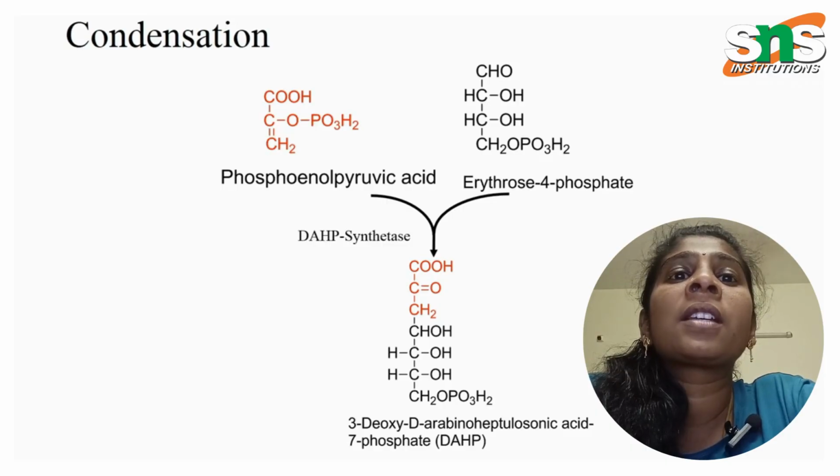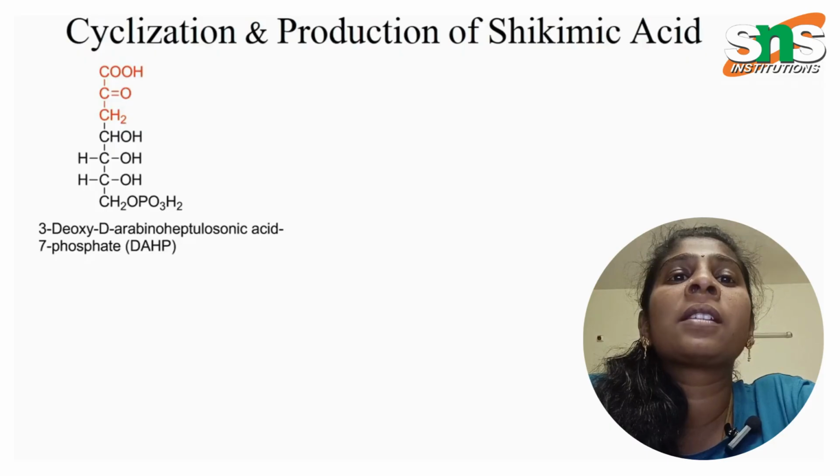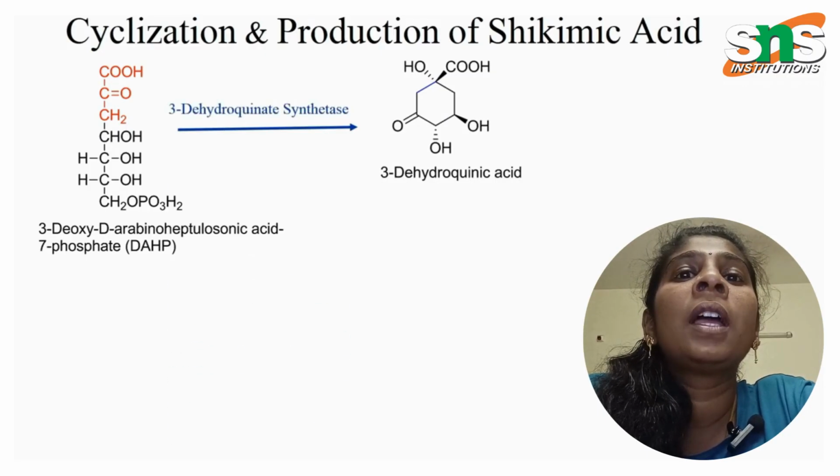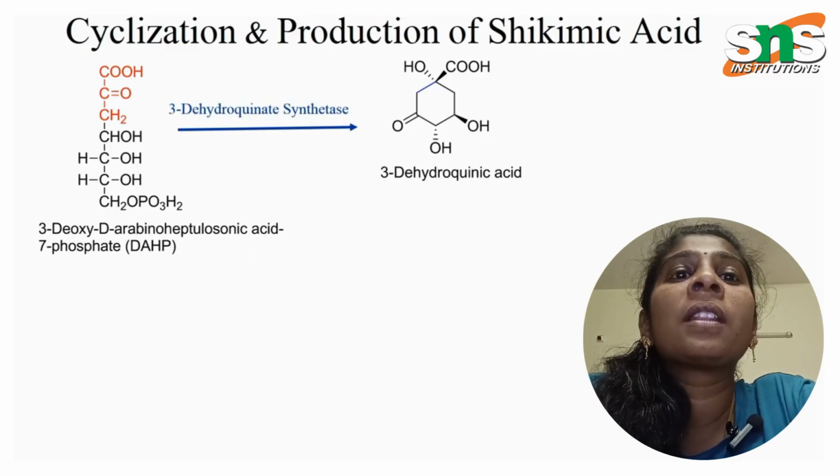Now coming to cyclization and production of Shikimic acid. DAHP undergoes cyclization reaction to form 3-dehydroquinic acid. The cyclization occurs in the presence of enzyme called 3-dehydroquinate synthase.